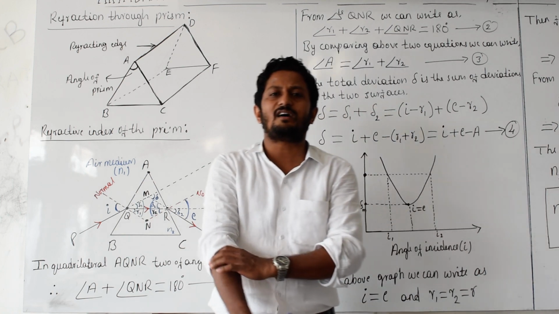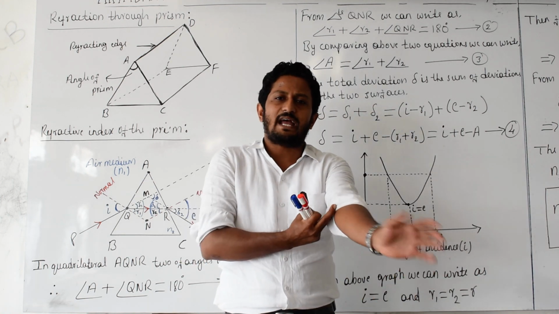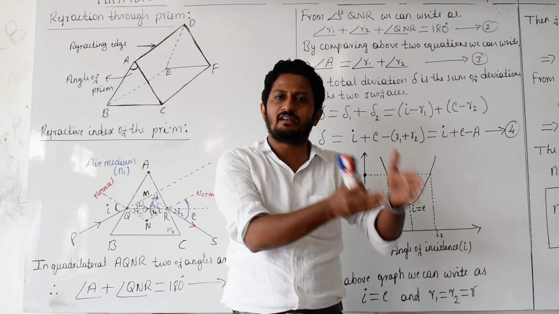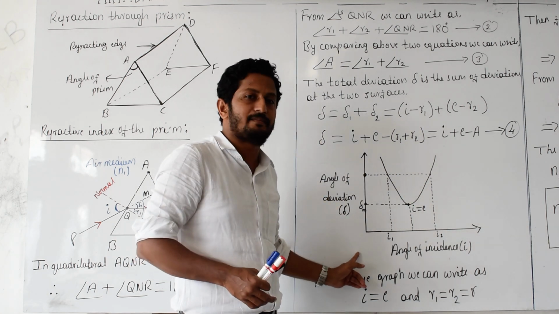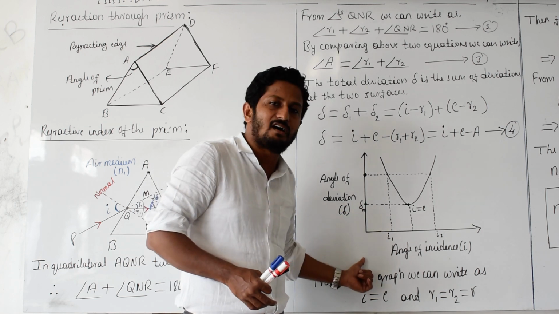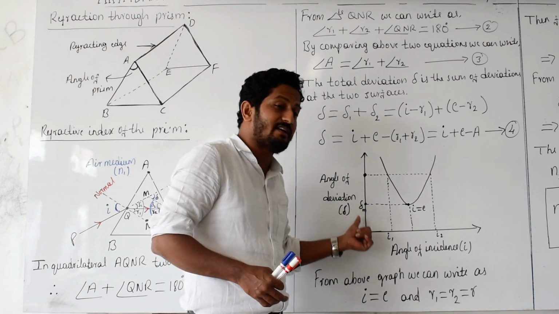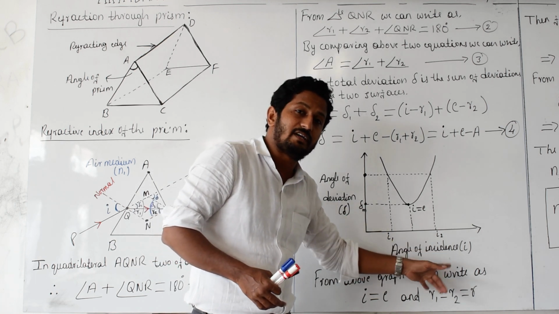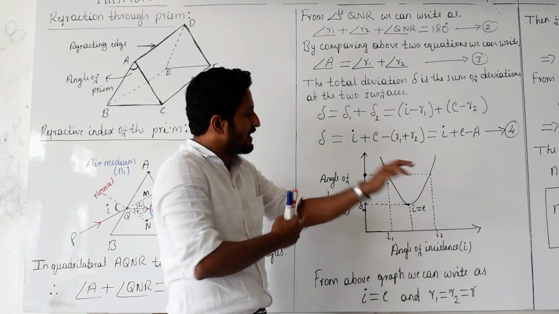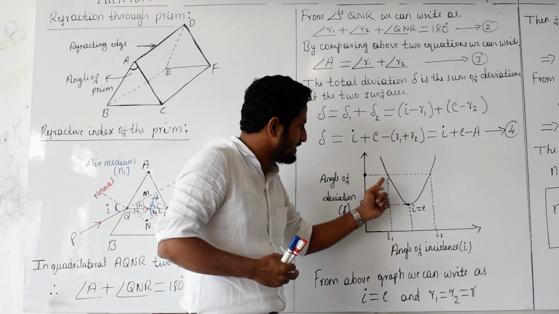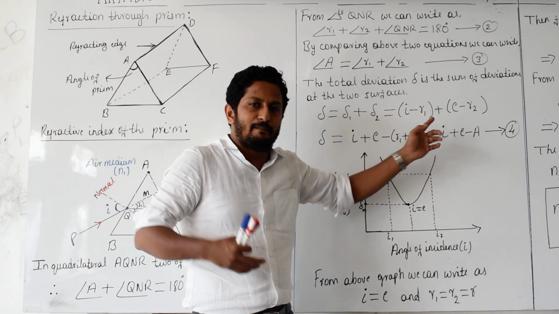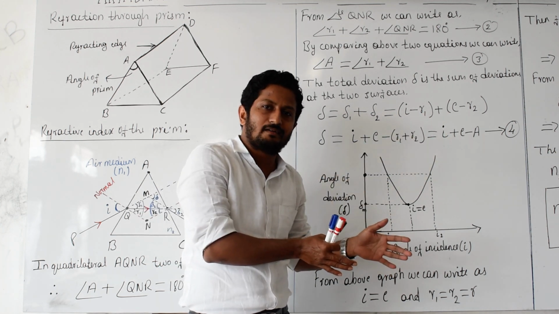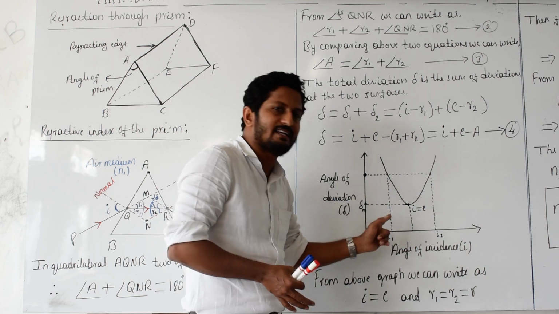After plotting the graph between the angle of deviation and angle of incidence, they got the nature like this. Here there is a graph between angle of deviation and angle of incidence. After plotting that, they got the curve like this, by their readings only.